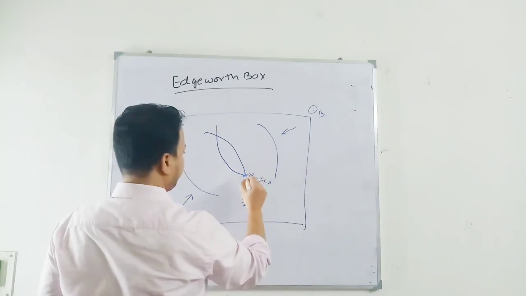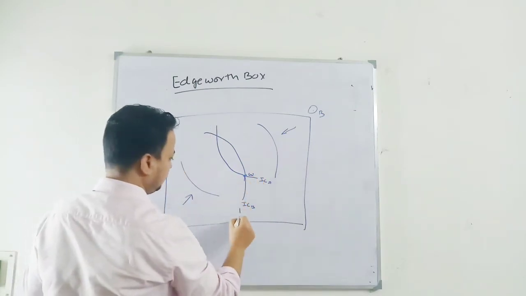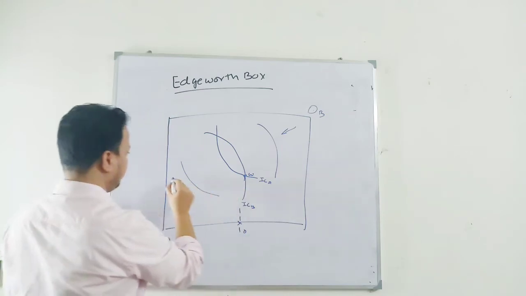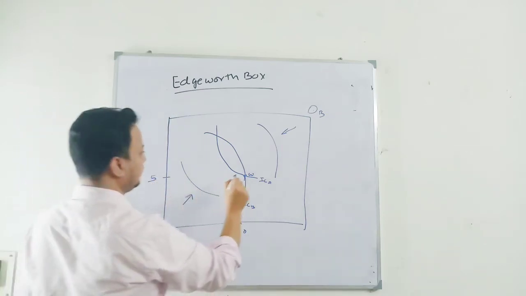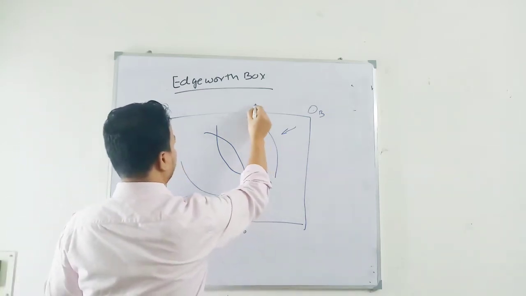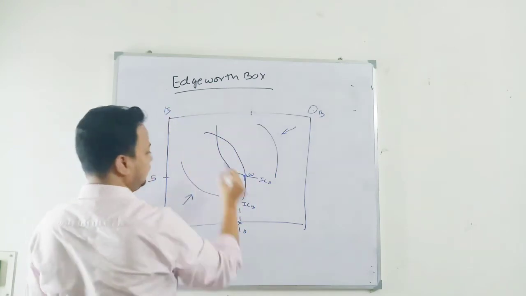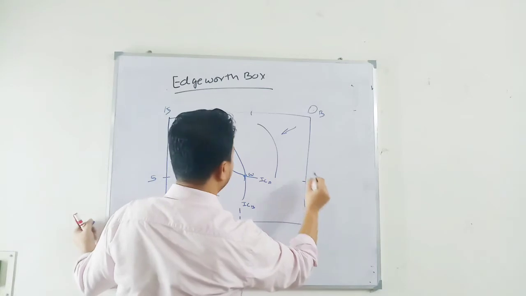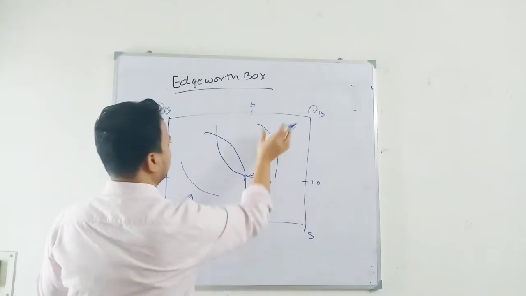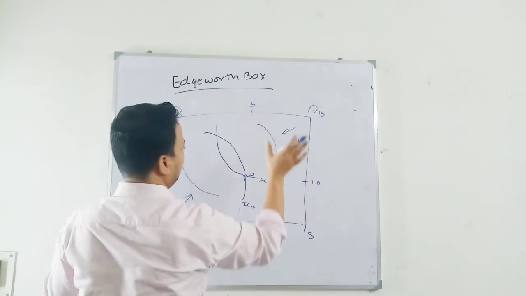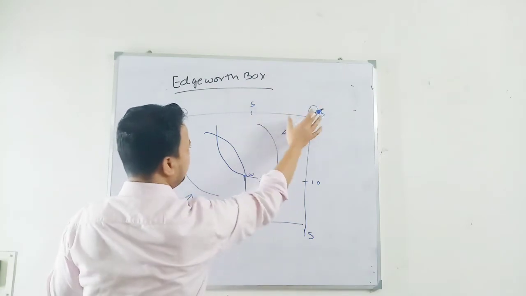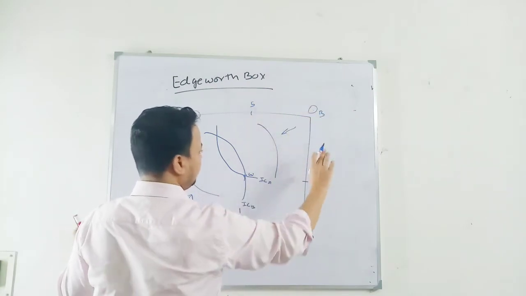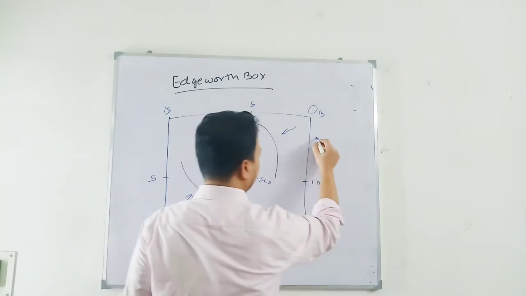And this point W represents the endowment, and you know this is 10, here this is 5. This is 5, and total is 15 here, 15 here. And this is 10 here, and this is 5. You know endowment, right?